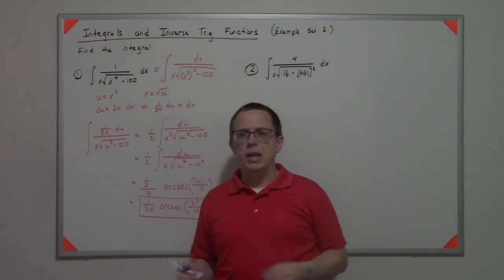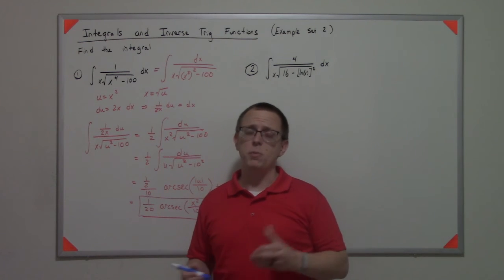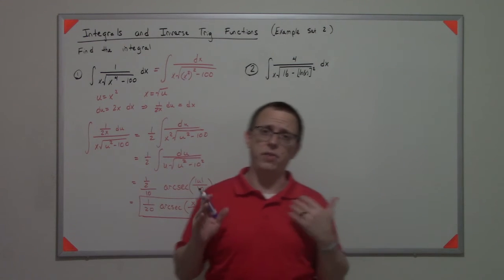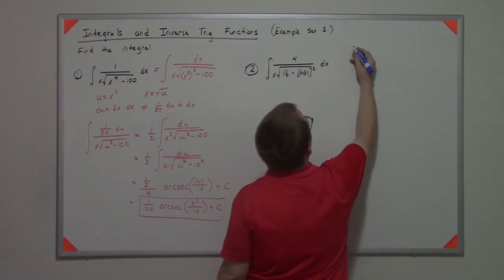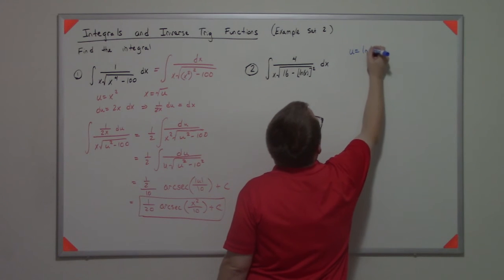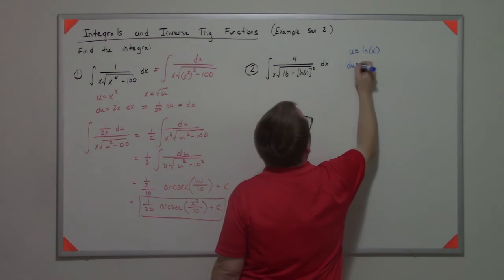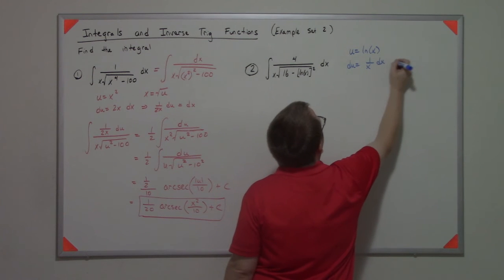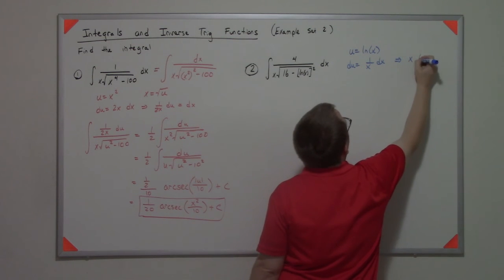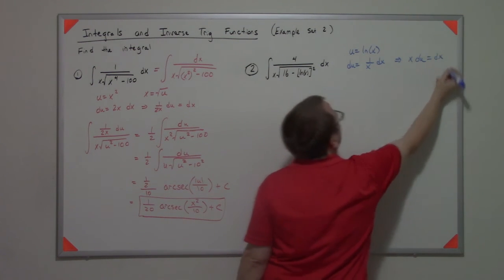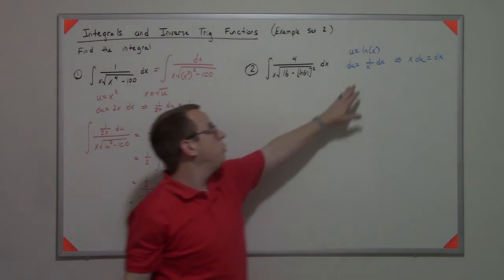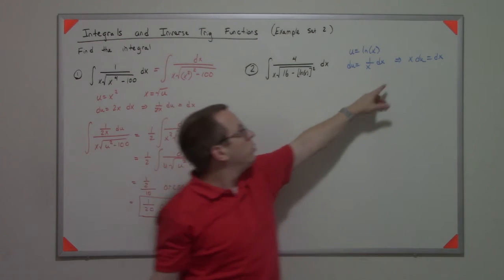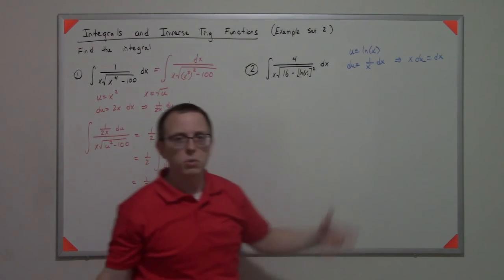But I have this natural log. So it's natural to just say, hey, can I let u be the natural log and see if that just makes my life easier? So let's try it. So we take u to be the natural log of x. du is 1 over x dx, which we can write as x du equals dx.